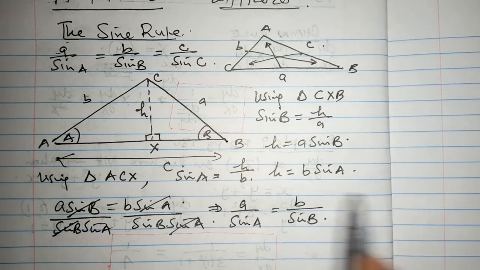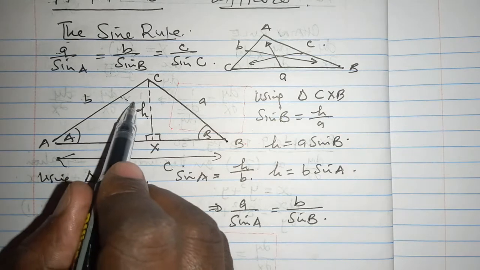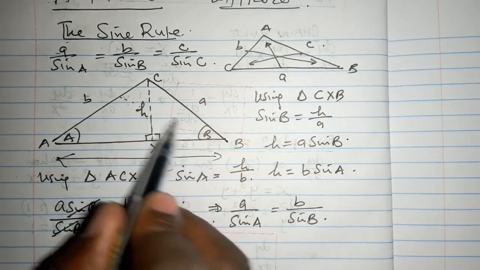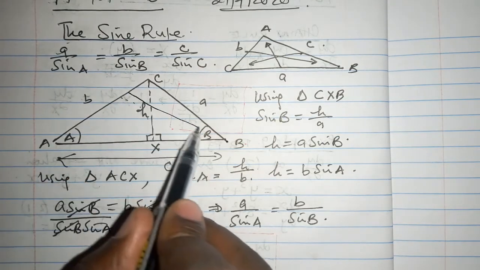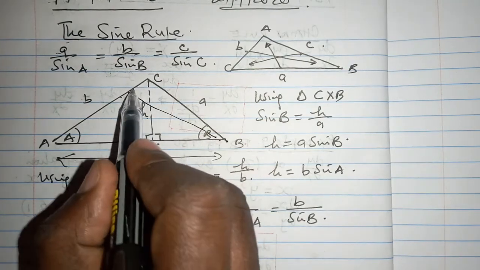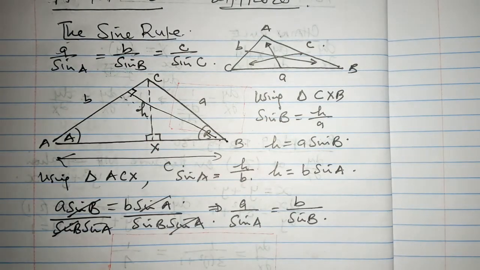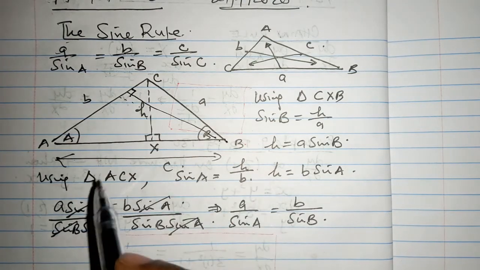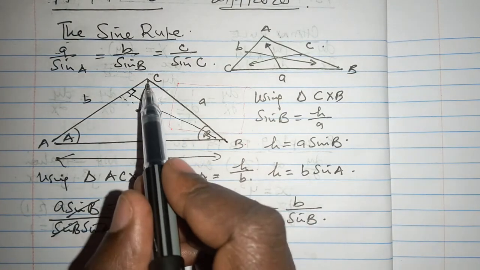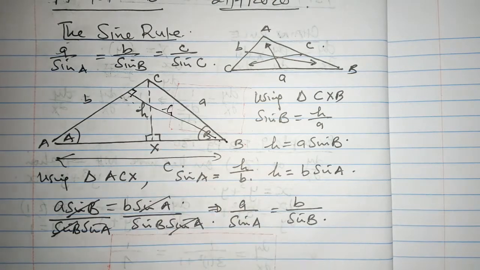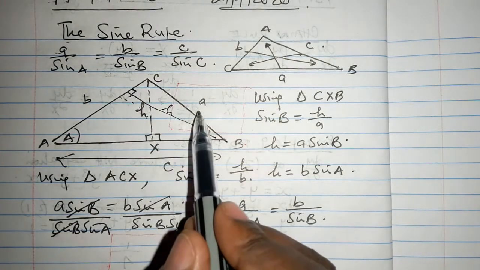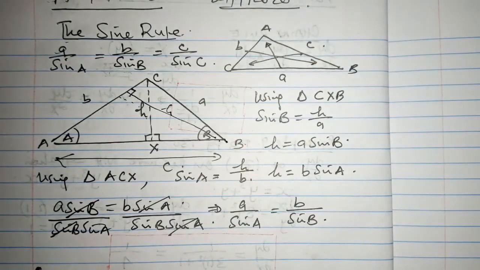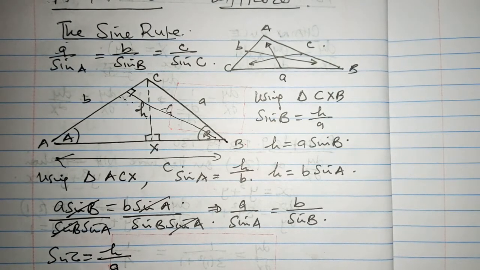Having said that, if we can again drop this perpendicular from point B and make h appear there, and let us have 90 degrees there. We could also talk about sine C equals this h, now our new h, over hypotenuse, which is a. We could also say sine C equals h over a.